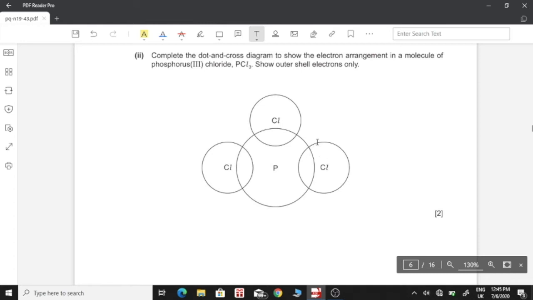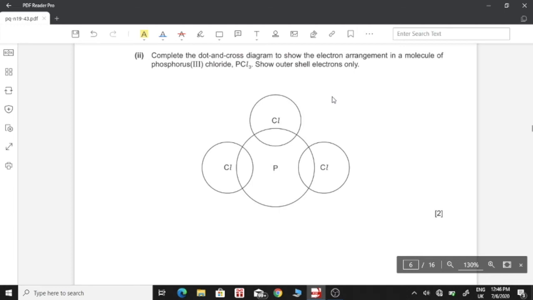So each chlorine atom needs 1 electron to have 8 electrons in its outer shell. Now phosphorus has 5. It needs 3 electrons. One phosphorus atom is going to share 1 electron with each of these 3 chlorine atoms. This means these chlorine atoms will be having 8 electrons as well as this phosphorus atom.